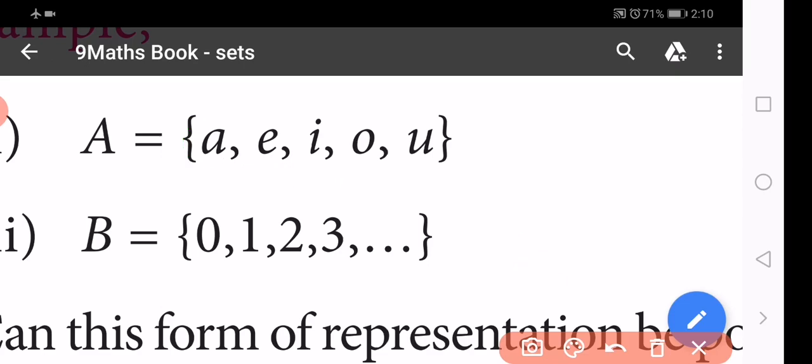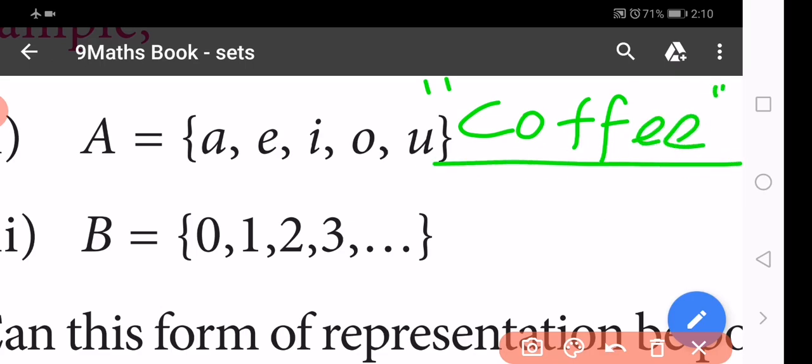For example, let A be the set of letters in the word coffee. One example, if we take the set of letters in the word coffee, C O F F E E, that is the word coffee. The set of all letters in the word coffee, this is the descriptive form.